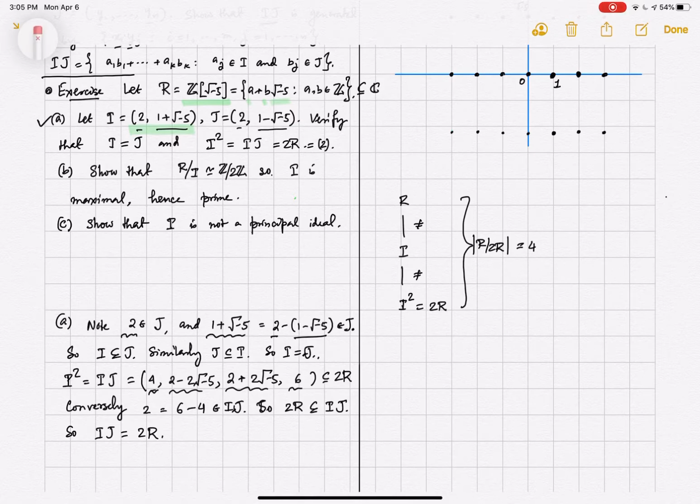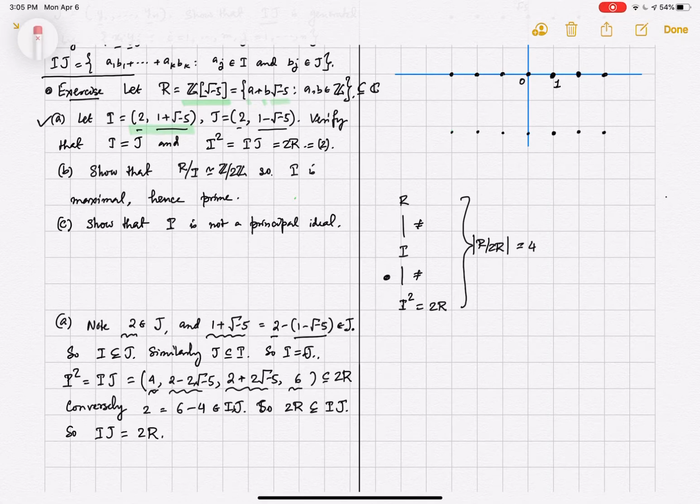So this big quotient has size 4, whereas the small quotients both are non-trivial. But the size of this quotient times the size of this quotient amounts to 4 by the third isomorphism theorem or something. So both of these have to be 2 and 2.